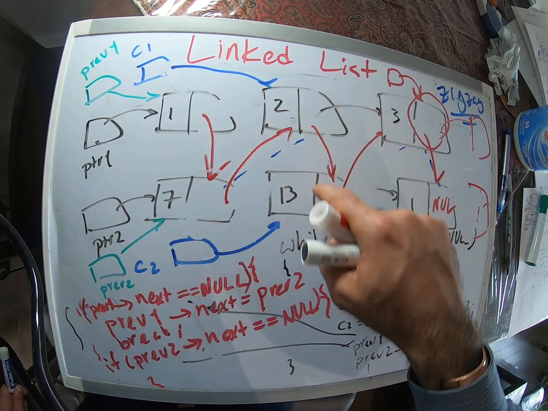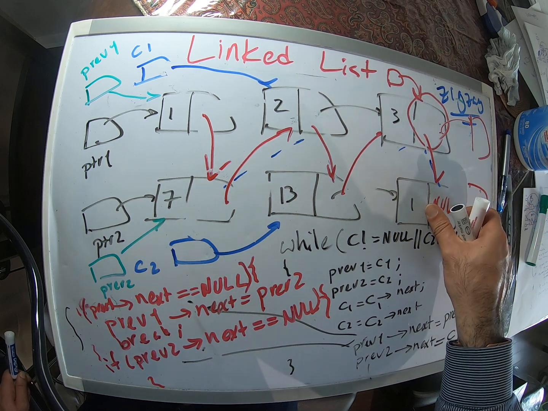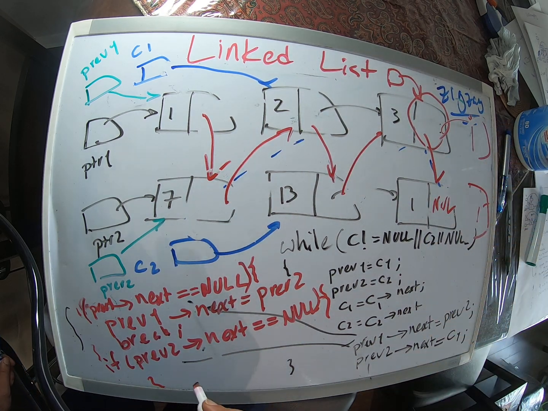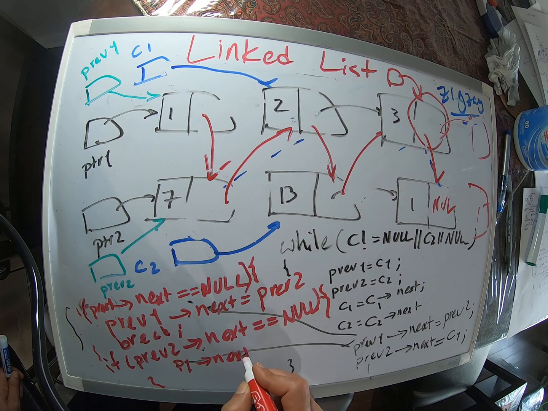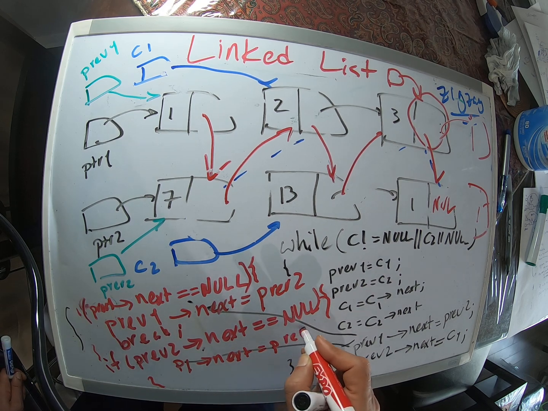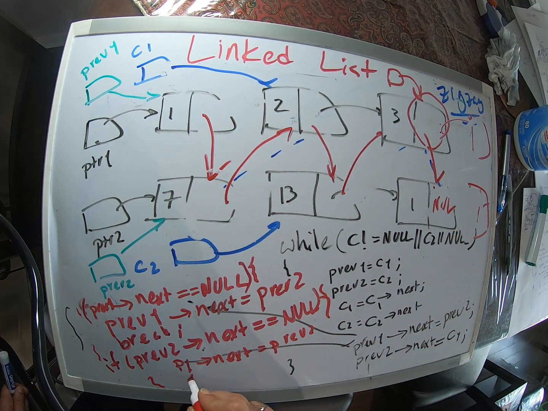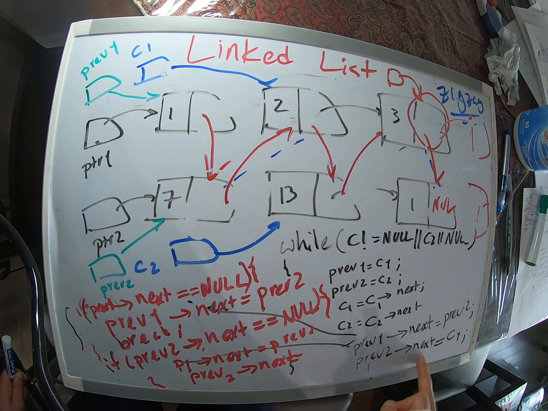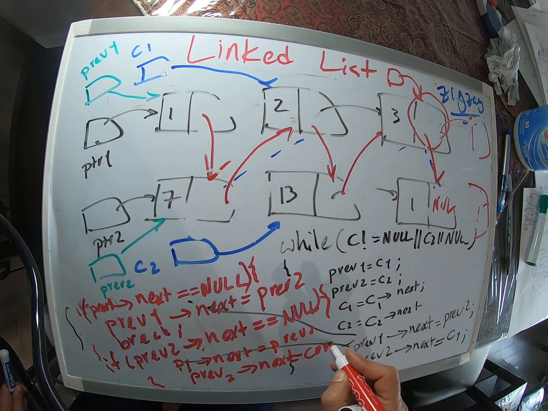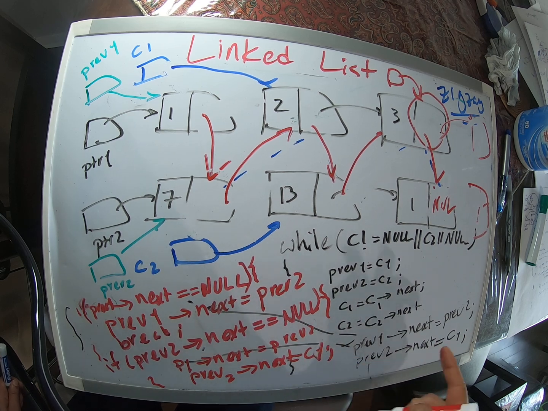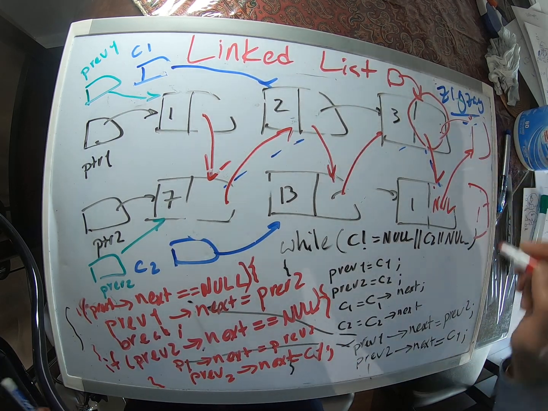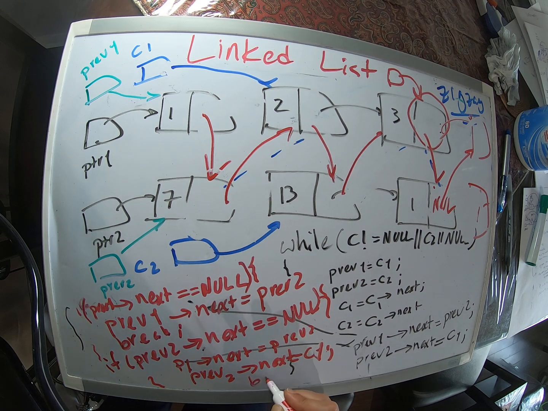We do this, but then this is ended, this continues. So we have to say previous one arrow next is equal to previous two. So this might make point this one here, but previous two arrow next is equal to current one. So the same thing that we did here, make this one point here, and we are done. Break it.